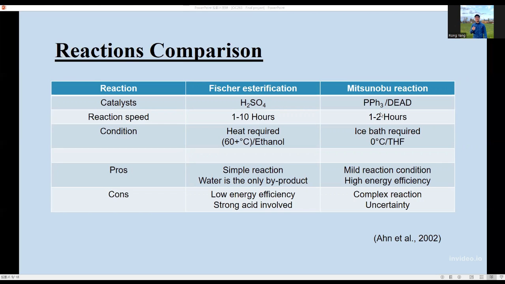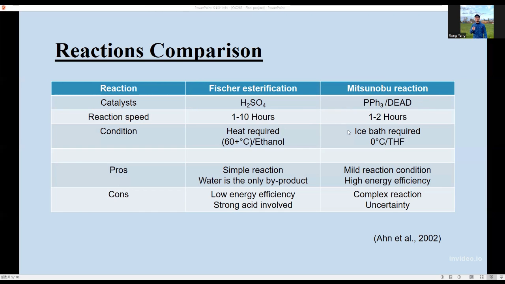Pros for Fischer esterification: it is relatively simple compared to the Mitsunobu reaction, and water is the only byproduct. Pros for the Mitsunobu reaction: it has mild reaction conditions based on the neutral reagents, and it is highly energy efficient since it does not require long heating compared to Fischer esterification.